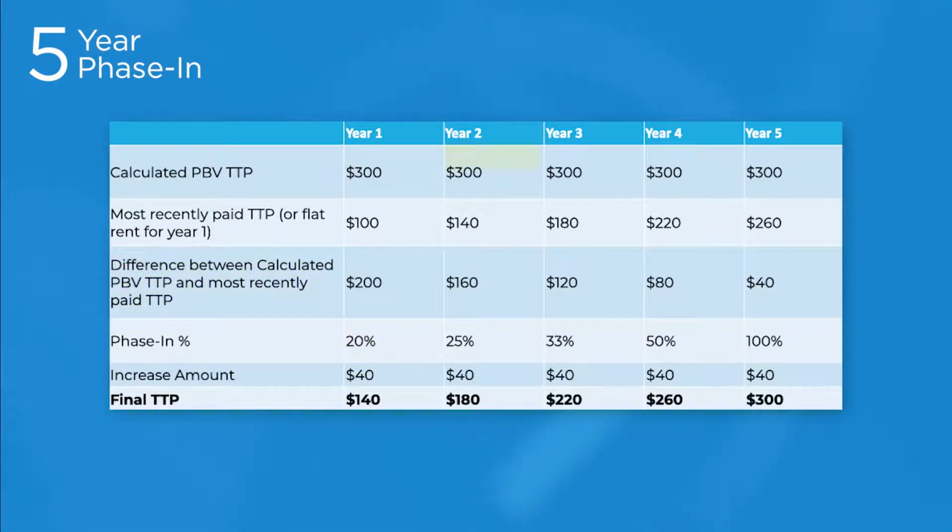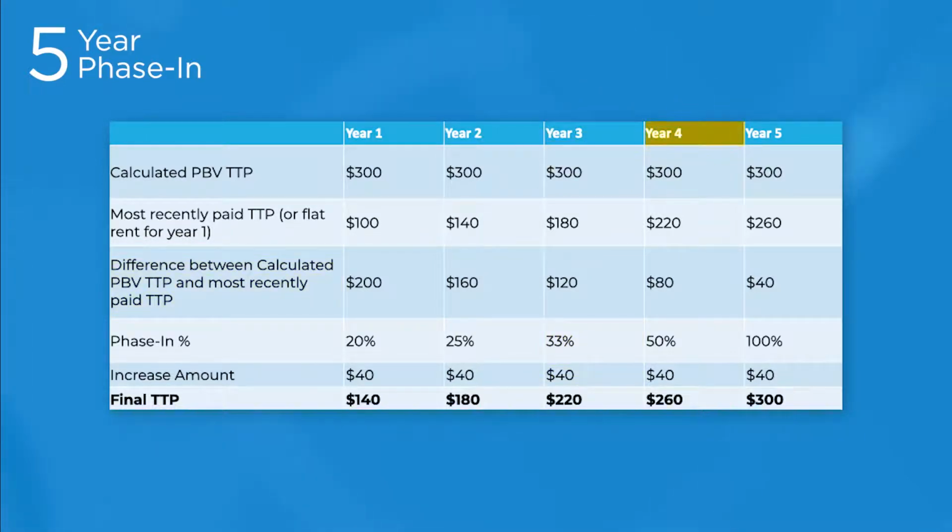At the second annual or interim recertification, the resident's contribution increases by 25% of the difference between the calculated PBV TTP and the most recently paid TTP. At the third annual or interim recertification, the resident's contribution increases by 33% of the difference between the calculated PBV TTP and the most recently paid TTP.